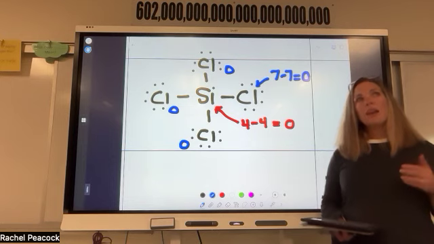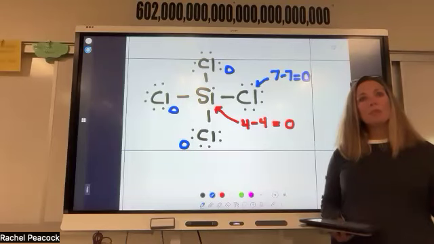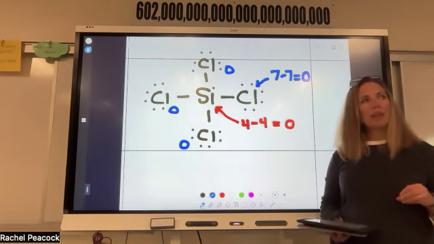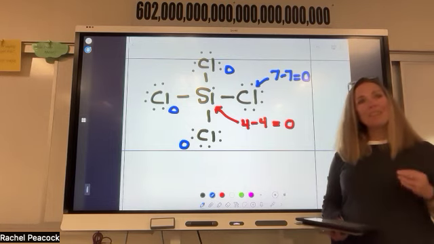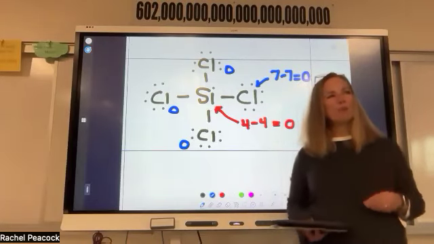Okay. If the formal charges are not equal to 0, then the atoms that are more electronegative should have a more negative formal charge. Okay? So if the formal charges do not all equal 0 in the molecule, then the more electronegative atom should have a more negative formal charge.